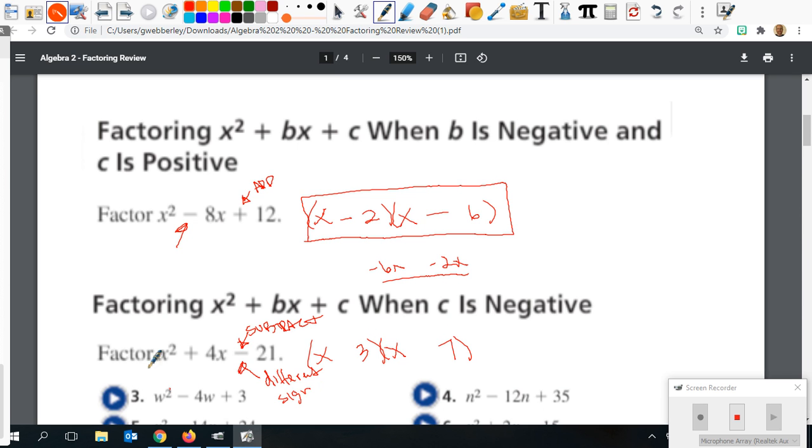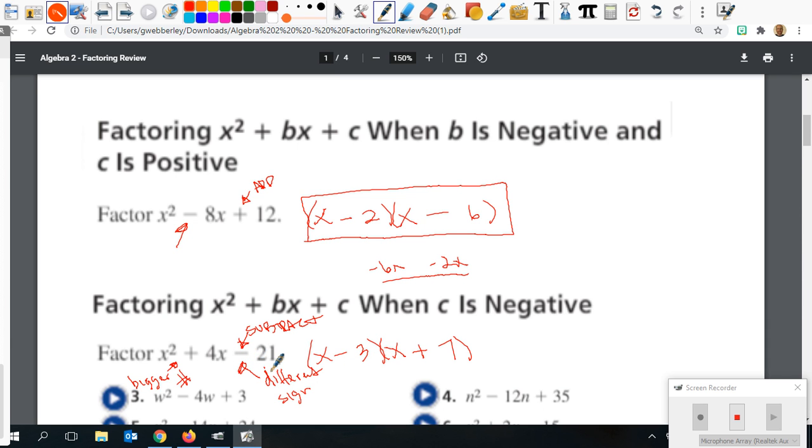That goes back to your middle sign, which is positive here. This sign is always given to the bigger number. Between 3 and 7, which one's bigger? 7. So 7 gets the positive, which means 3 gets our negative sign. Negative 3 times positive 7 does give us a negative 21.